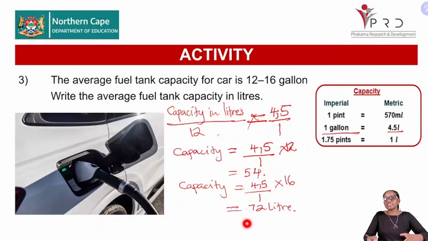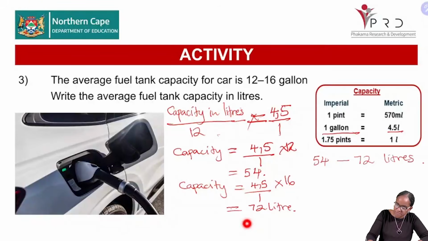So now, what is our average fuel tank capacity? Our average fuel tank capacity will be 54 to 72 liters. Meaning this 12 to 16 gallons is equal to 54 to 72 liters.